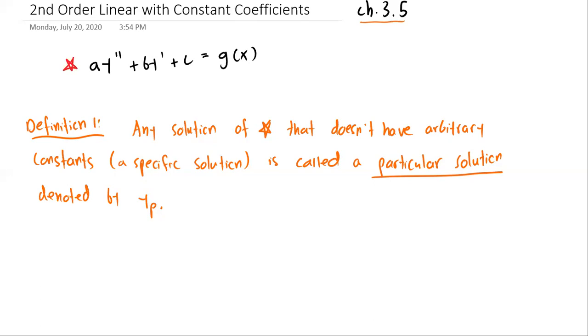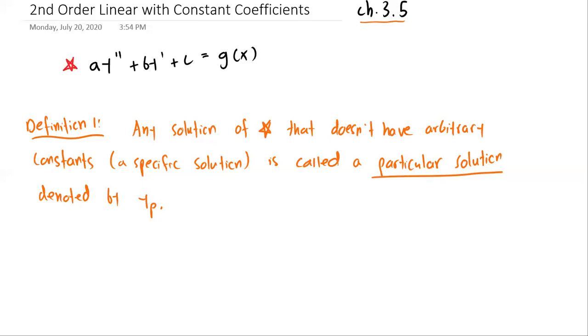Any solution of star that doesn't have arbitrary constants, a specific solution, just y of x equals some expression involving only x and specific constants. Like y of x equals x squared, or y of x equals sine x plus 3, a specific solution without any arbitrary constants.